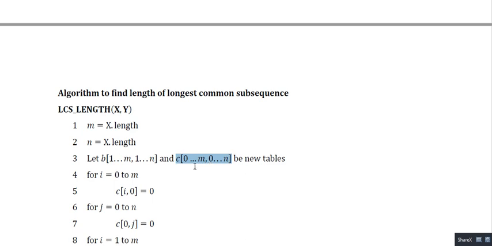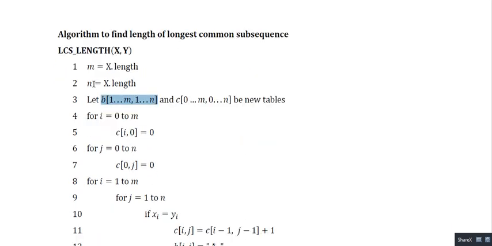But the characters present in the LCS can be obtained only by using this matrix B. So in this algorithm, in parallel, we obtain this cost matrix to find the length of LCS as well as this matrix to determine the final LCS.